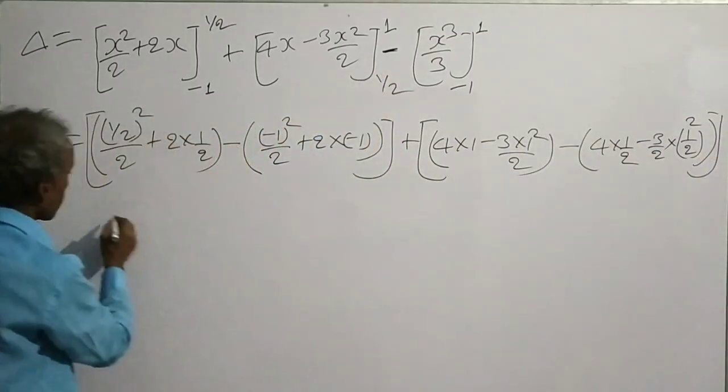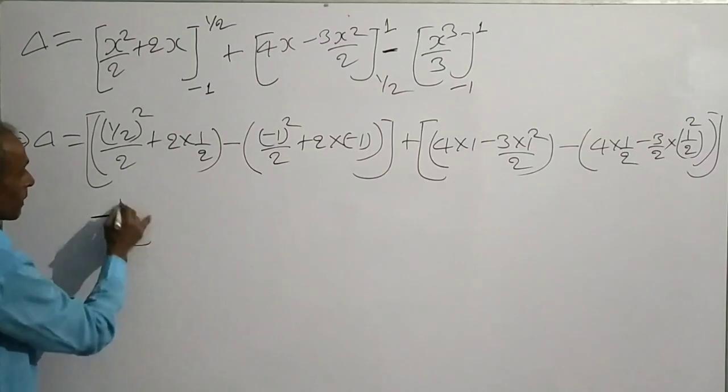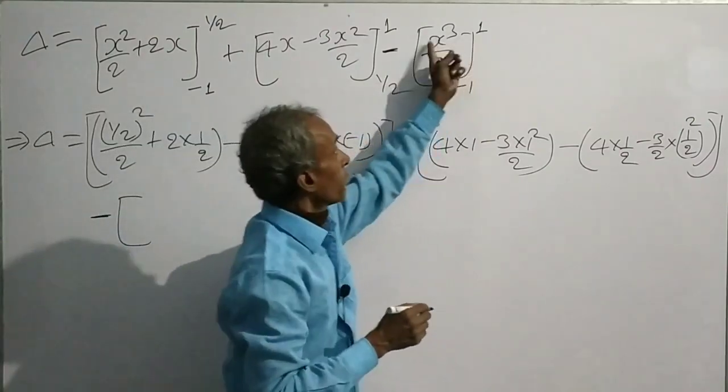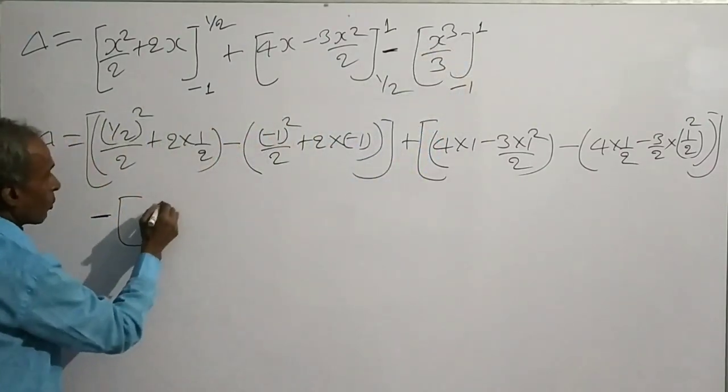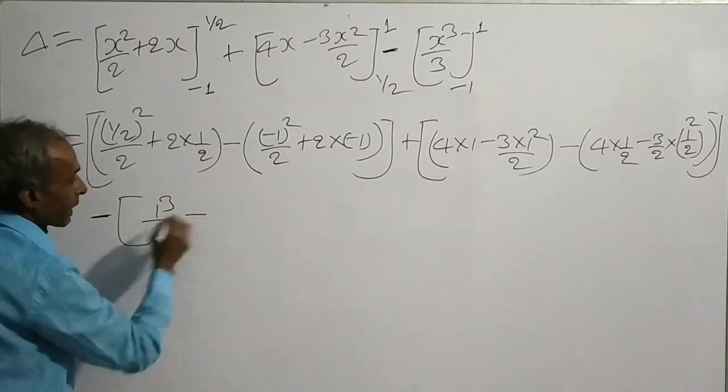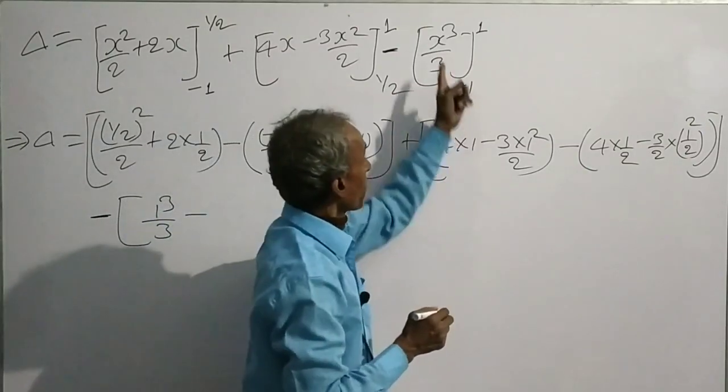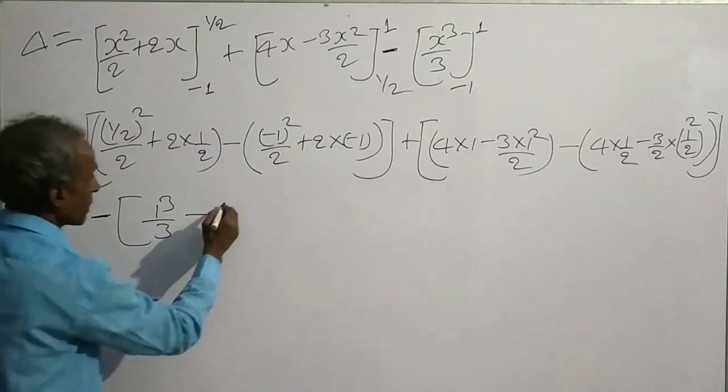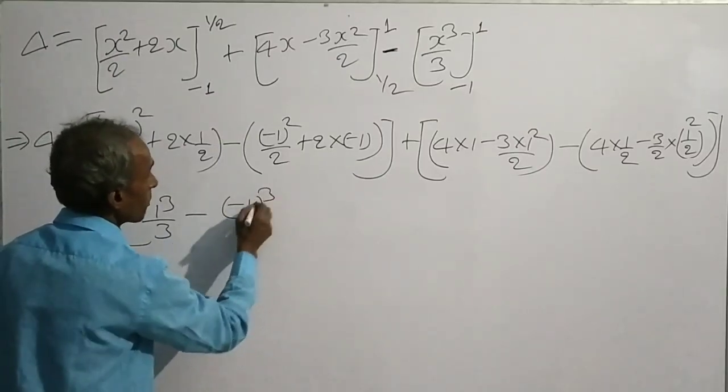Minus, put 1 in place of x: 1 cube by 3, then minus sign. Now put minus 1 in place of x: minus 1 cube by 3.